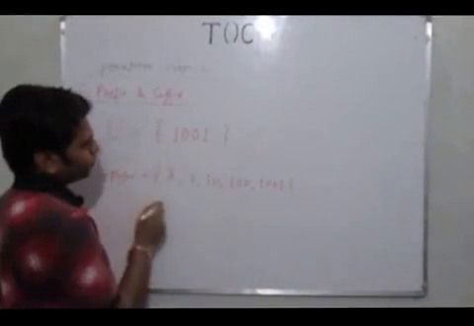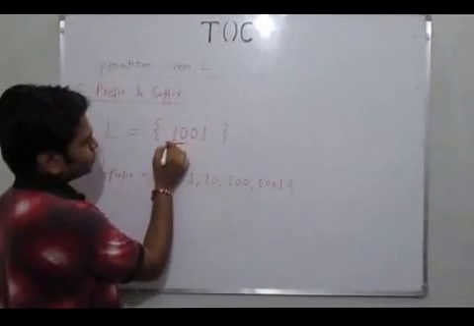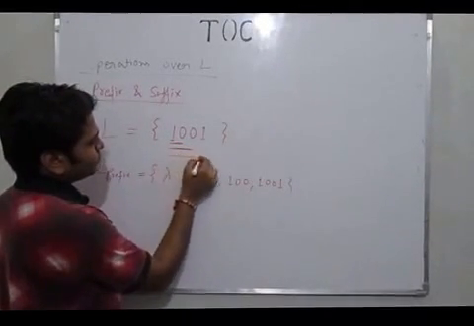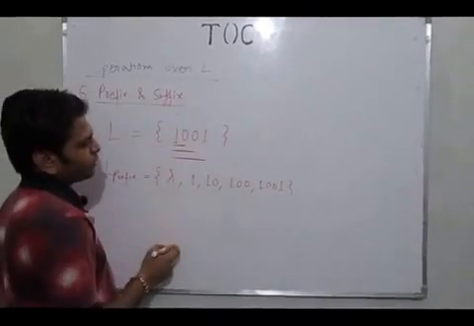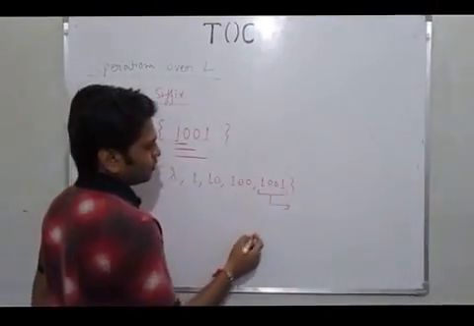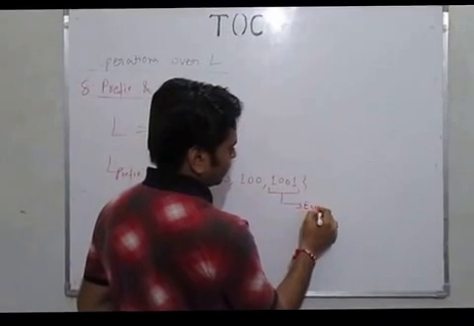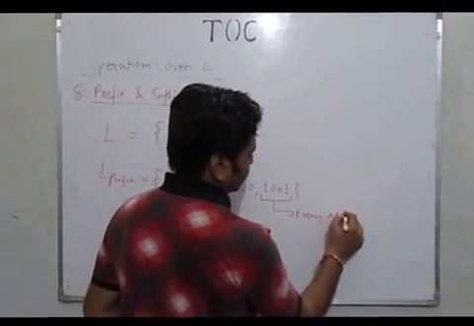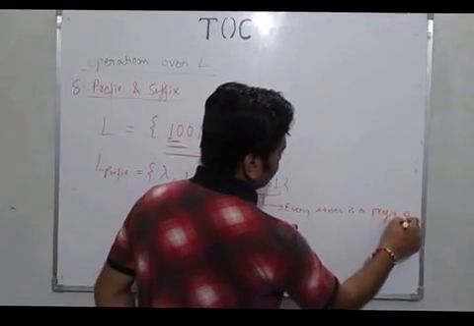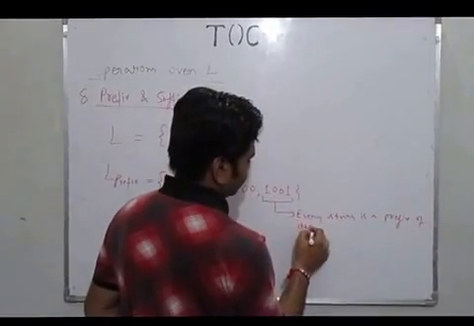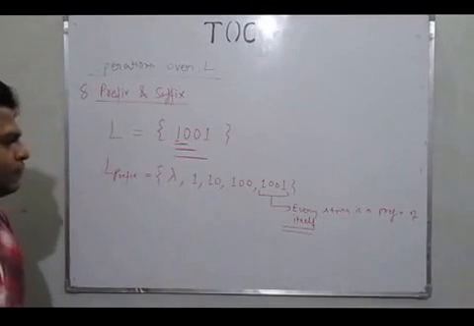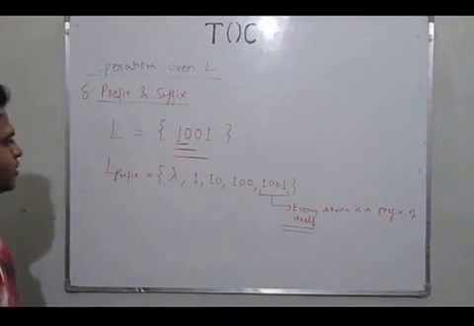First I have obtained 1, then I have combined this to 10, then 100 and then 1001, and we can conclude that every string is a prefix of itself. We can observe it from this example.